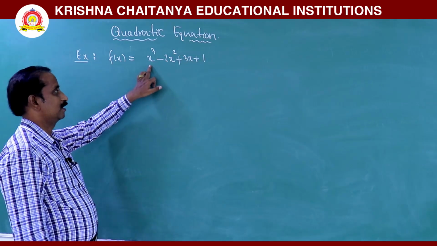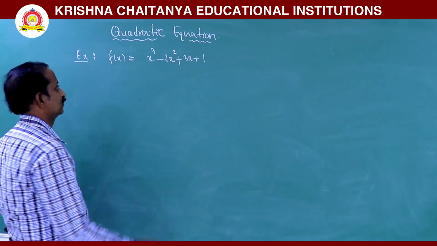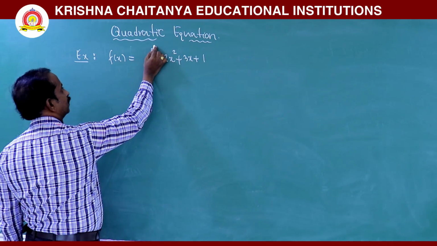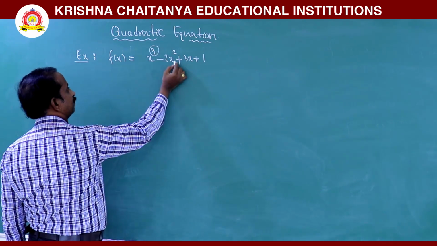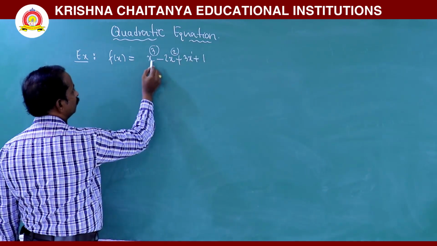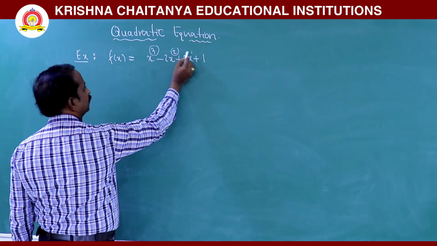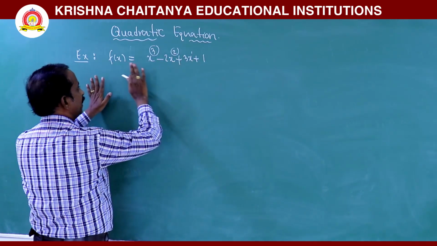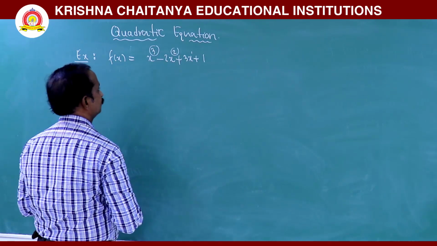Is it a polynomial or not? The power of x is 3, 2, 1. The value of n is always a non-negative integer, so it is a polynomial.